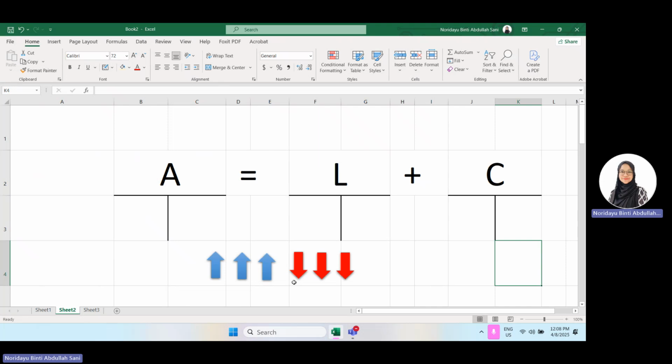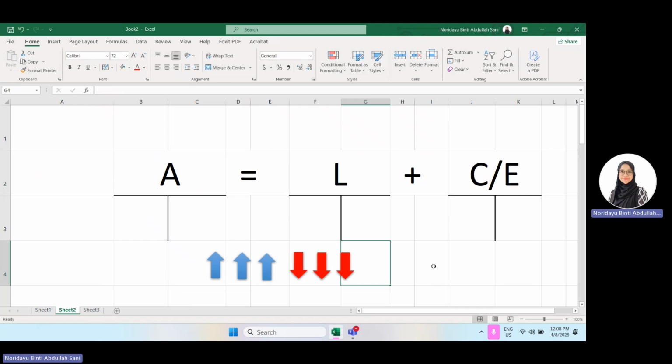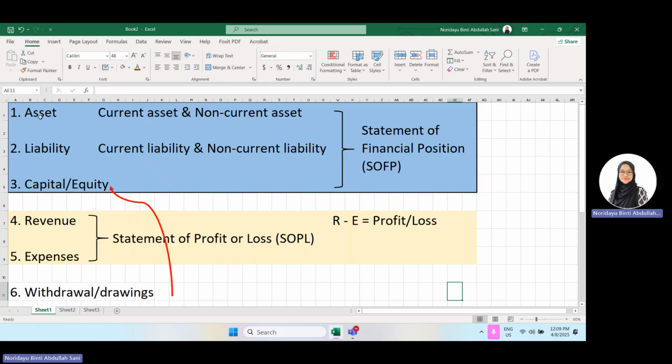Okay, next, I want to introduce you to the accounting equation. If you can see this, A stands for asset, L is for liability, and C, or some books call it E, equity. So ALC actually represents these three components which we report in the statement of financial position.